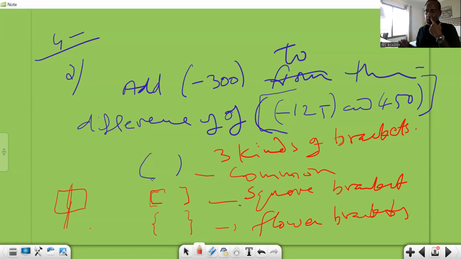Okay, please. So how can we do this one? Add minus 300 to the difference of minus 125 and 450. From the sum of minus 125, all of you add this one. Minus 125 plus 450. That means 450 minus 125.